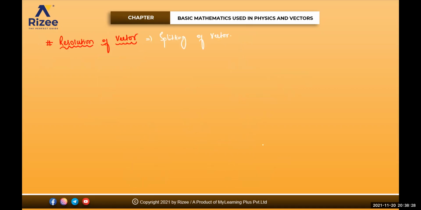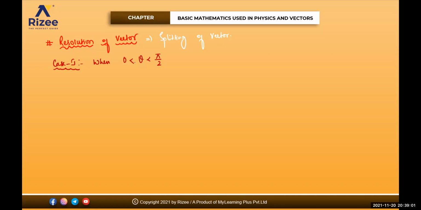Okay? Chalo. What do you mean by resolution of vector beta? Splitting of a vector means dividing. Okay? So let me take case number 1, case number 2, case number 3, case number 4. I'll tell you each and everything in detail so that it will be easy for you to understand. Case number 1: when the theta you are taking is lesser than 90 degrees and 0 is lesser than theta.